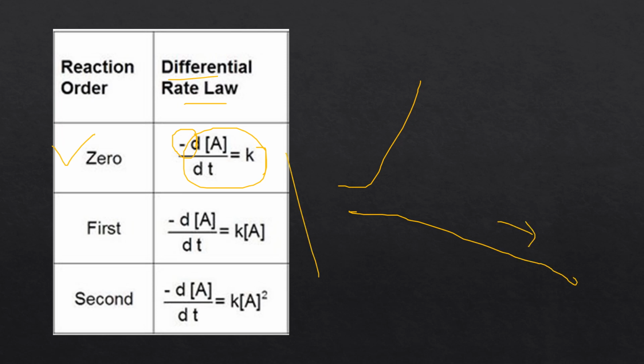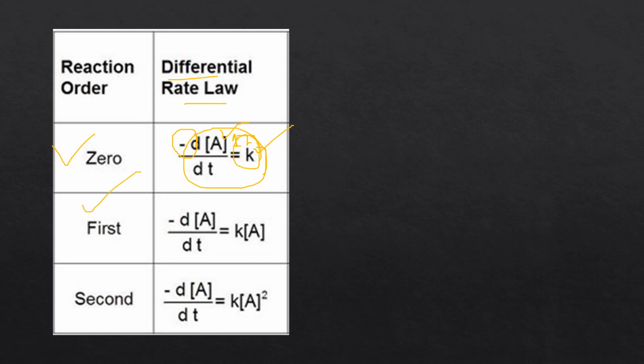Why? Because as the product increases, the reactant decreases. So that's why it is negative. The rate is directly proportional, but it stays constant. It doesn't matter if the power is 1, 2, 3, 4, it will stay k.